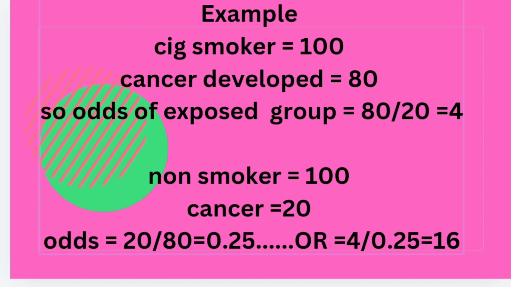And then we have to calculate the odds ratio. So we will divide these two values: the odds of cancer in the exposed group to the odds of cancer in the non-exposed group, and that will give us the odds ratio.